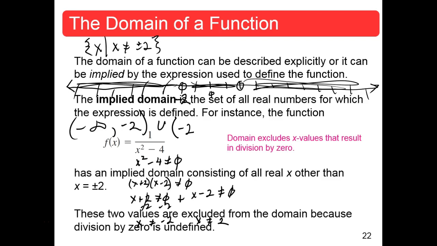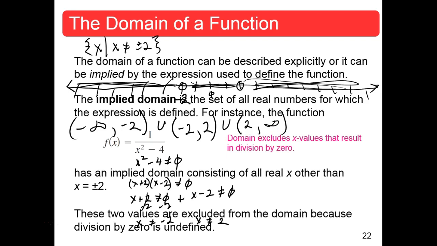So the lazy way: parentheses, negative 2 up to 2, followed by parentheses, because it doesn't include 2. Union that with 2 to infinity. Parentheses, 2 to infinity, parentheses. Perfect. That's called interval notation.